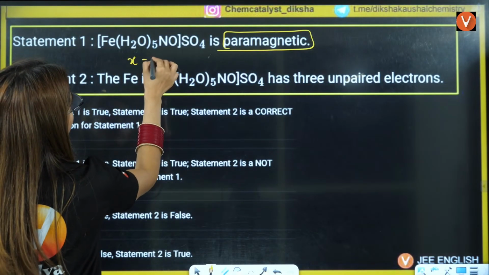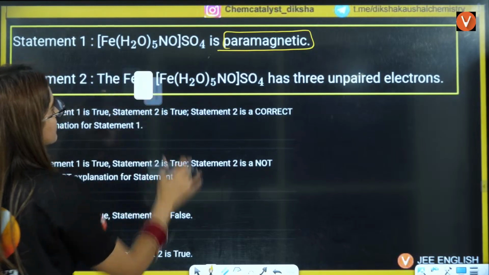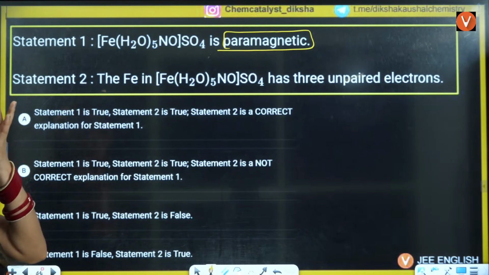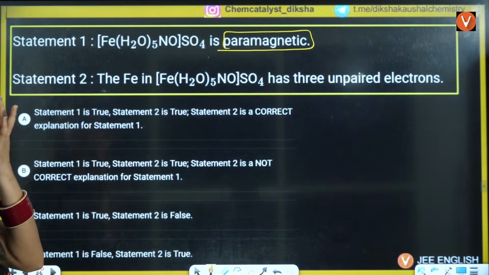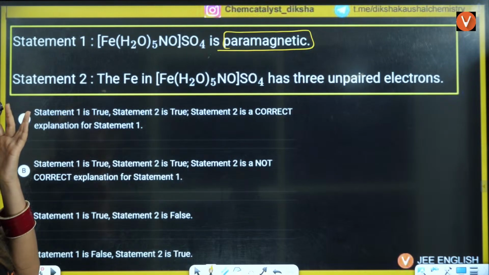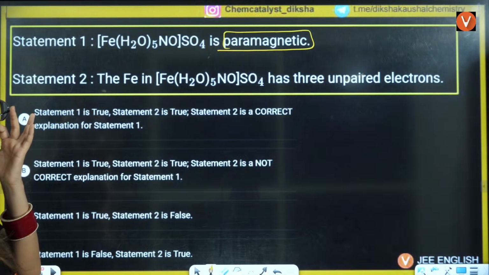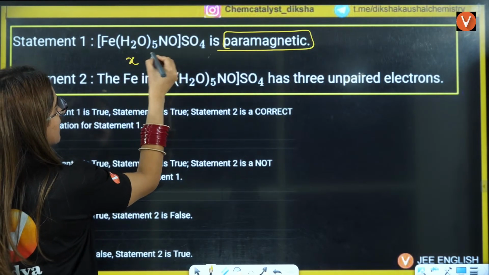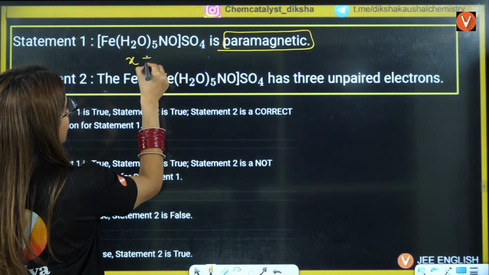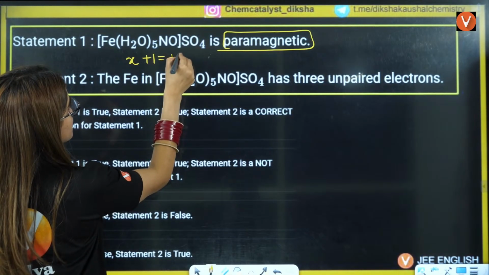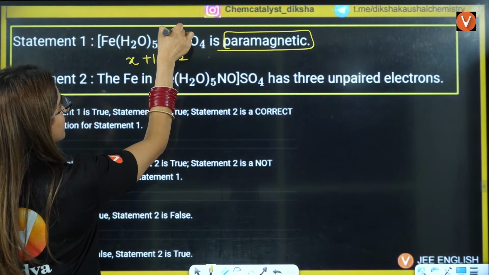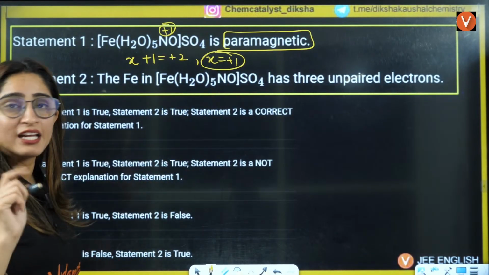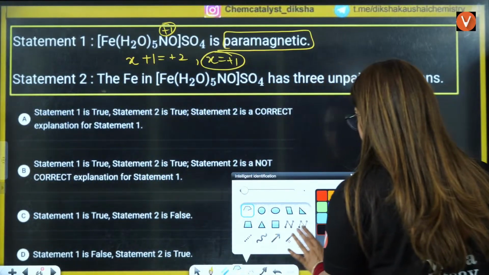X will turn out to be plus 1 here, right? Because this is neutral, this is having plus 1. So X is equal to plus 1, so iron will exist in plus 1 oxidation state here.